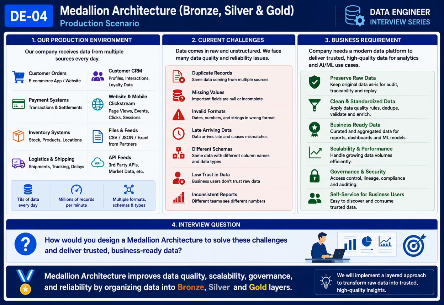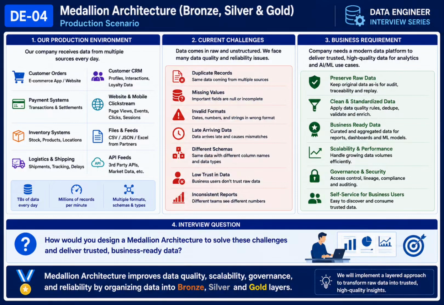So at first glance, it might seem like we can load all this data into a single database and start building reports. But in reality, that approach creates serious production issues. So different systems send data in different formats, right?